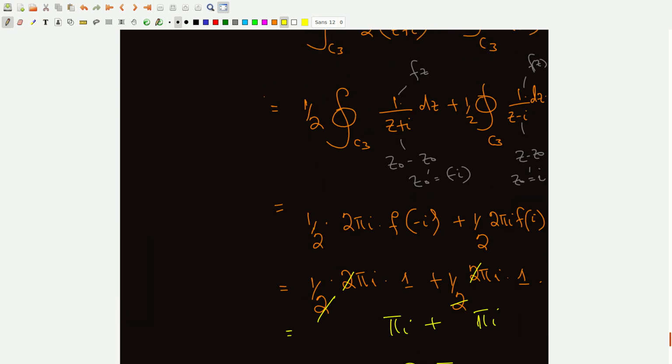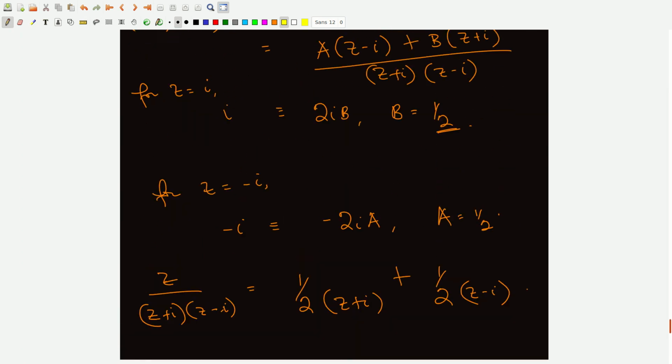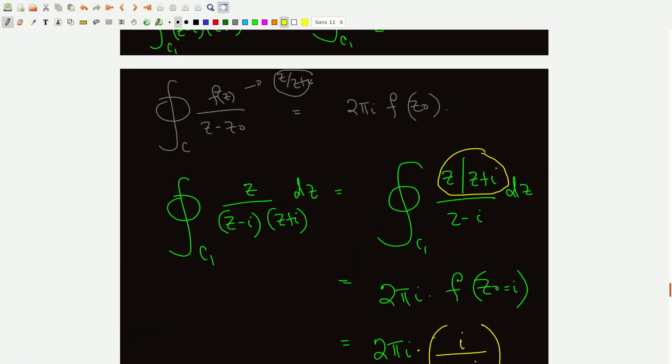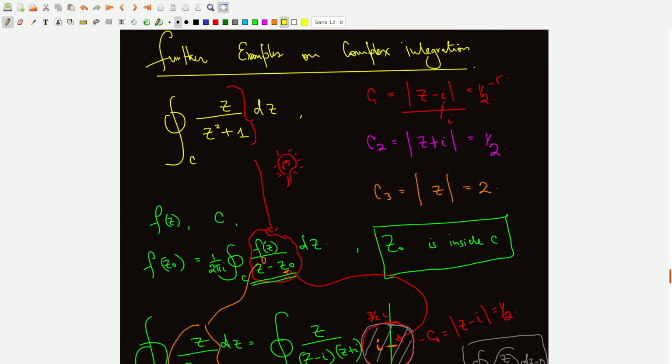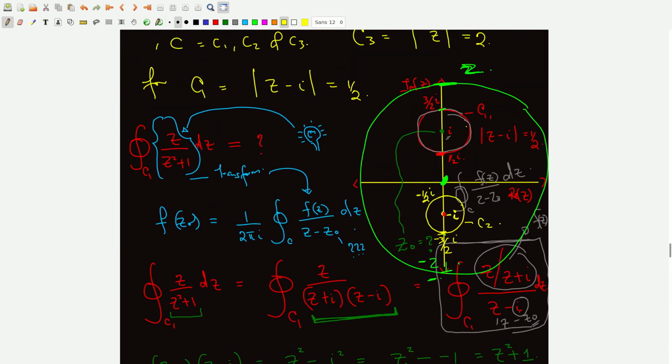One interesting thing to note is that 2 pi i is the solution. It is like we have added the integral over the first, if we had these two singular points in there, i and this one here, minus i.